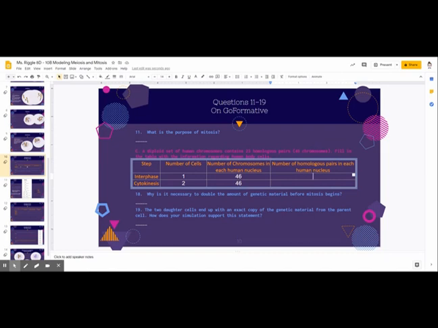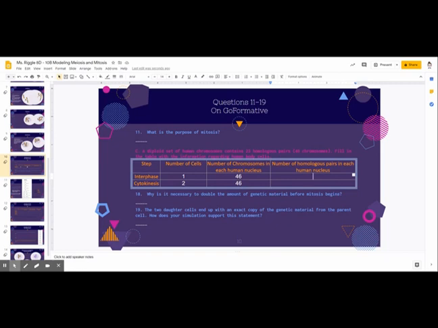So the last part, the number of homologous pairs, and remember, a homologous pair is a pair of 2 chromosomes that are exactly the same type. They may not have all the same information. If you remember Study Island, we talked about genes and DNA. So they might have different genes on it, but it calls for the same type of genes.